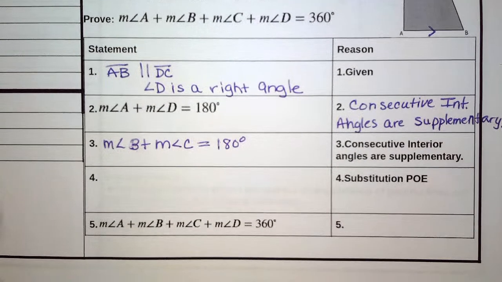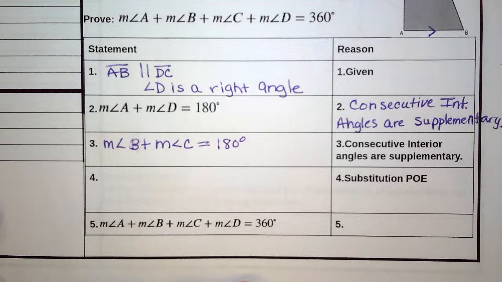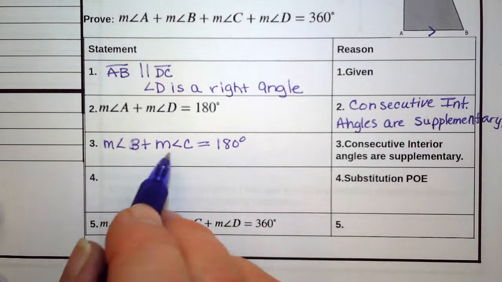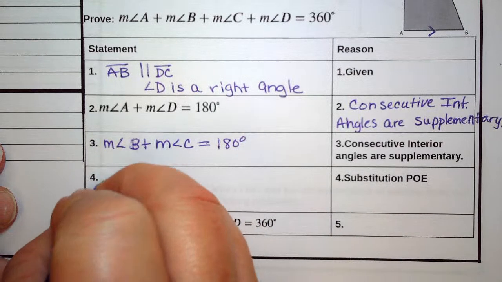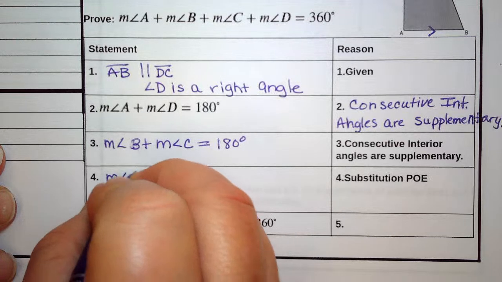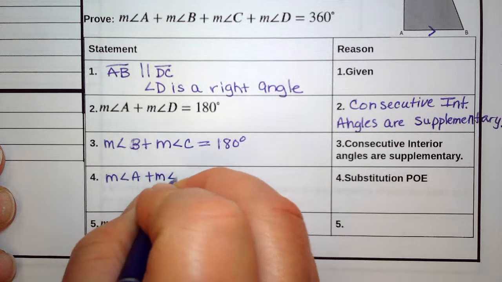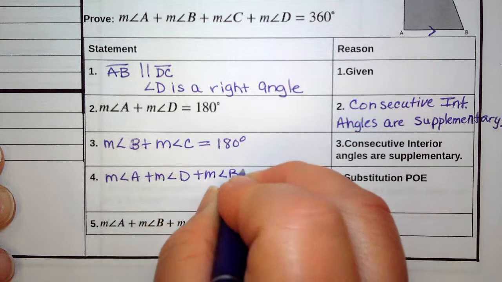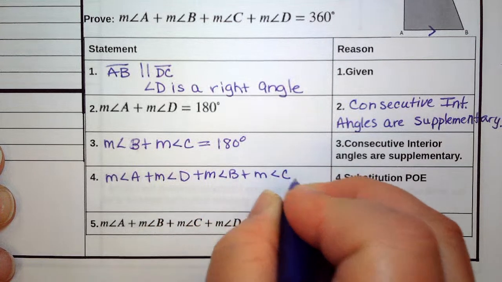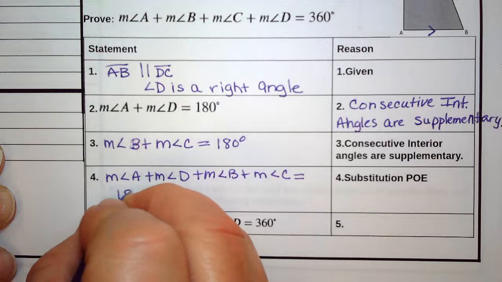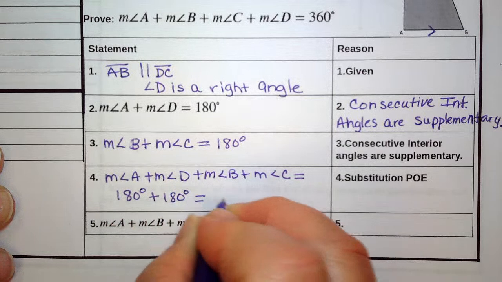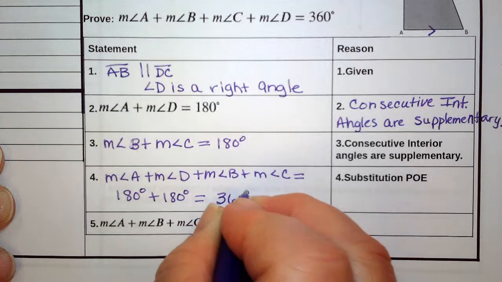Okay, now we're going to use substitution. So if we're looking at this, we know these two add up to 180, we know these two add up to 180. So we're going to take the measure of angle A plus the measure of angle D plus the measure of angle B plus the measure of angle C is equal to 180 degrees plus 180 degrees, which equals 360 degrees.